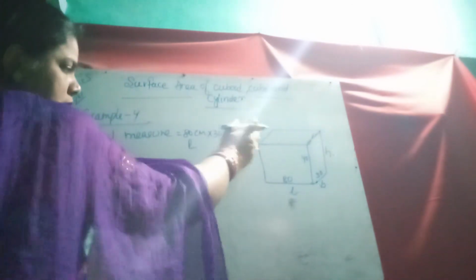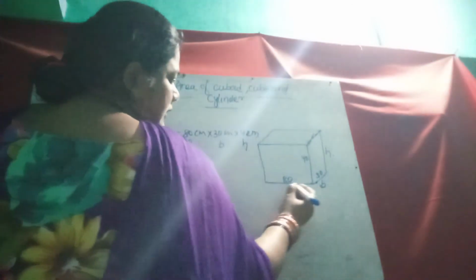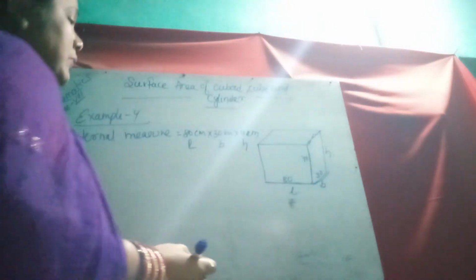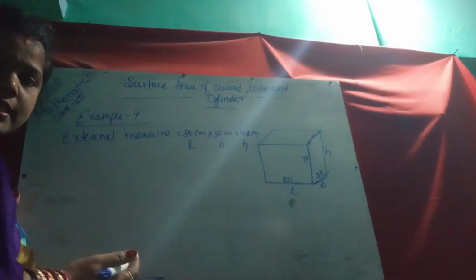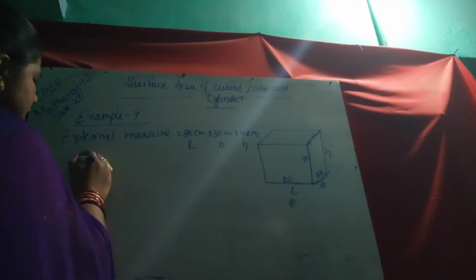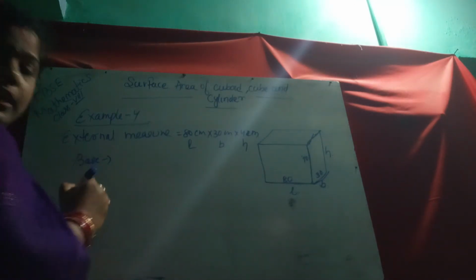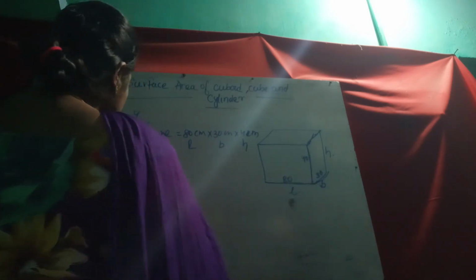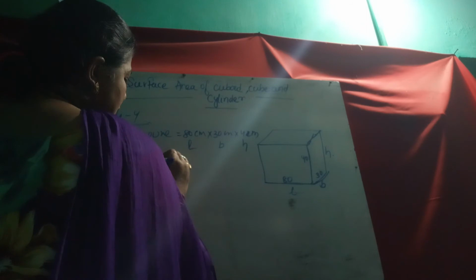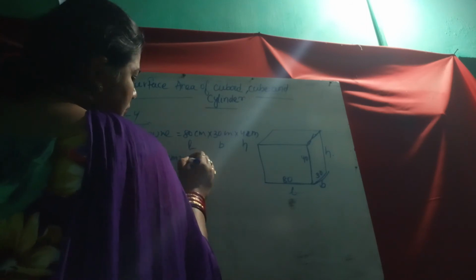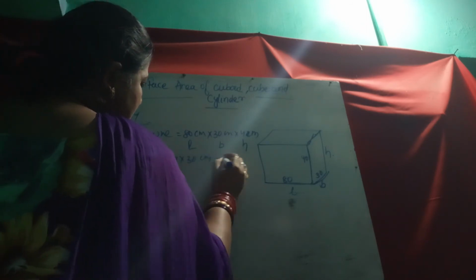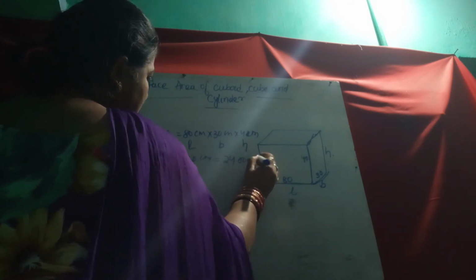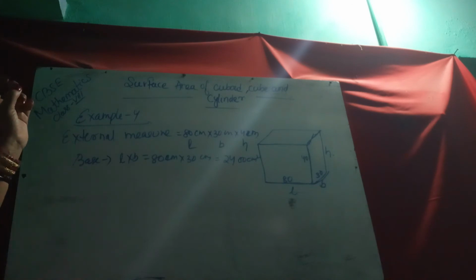Suppose this is the aquarium, this is length, this is breadth and this is height. First the base: area of base equals length into breadth, 80 cm into 30 cm, which is 2400 cm square.